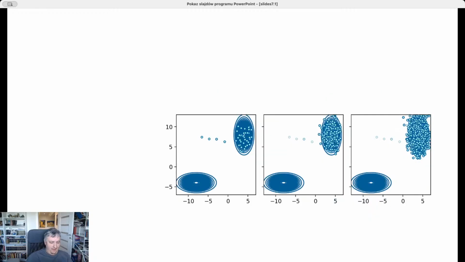However, we have a problem because we get stuck in one mode of the distribution. So it was not possible to diagnose that using values of R hat. We just got stuck in it, and we really couldn't do much more.